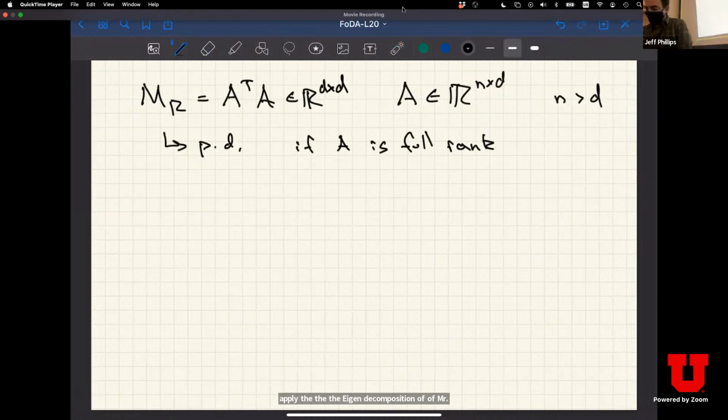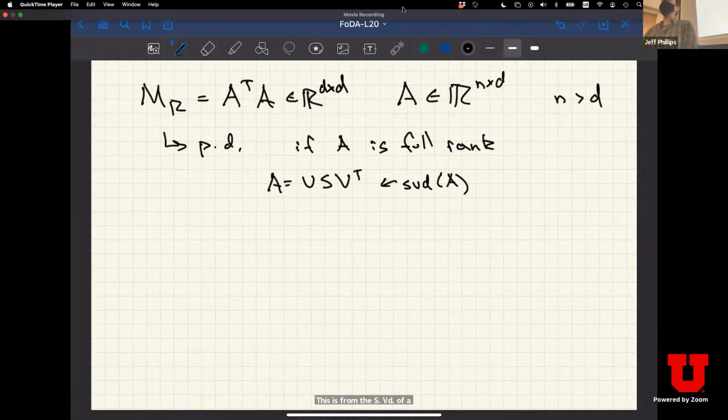What's neat about this is now if I write that A is equal to U S V transpose, this is from the SVD of A. Now I'd like to write down what happens if I do M times this matrix V of the right singular vectors.